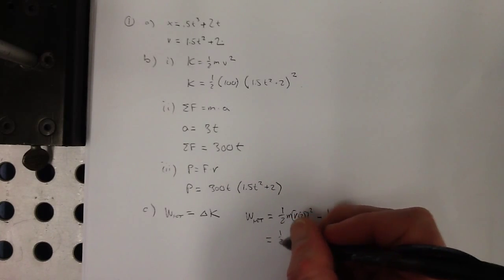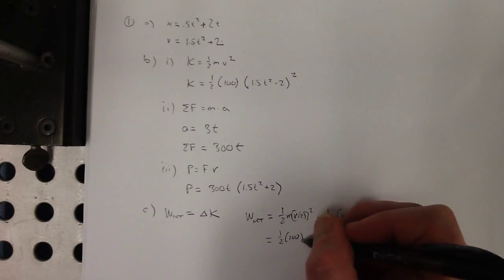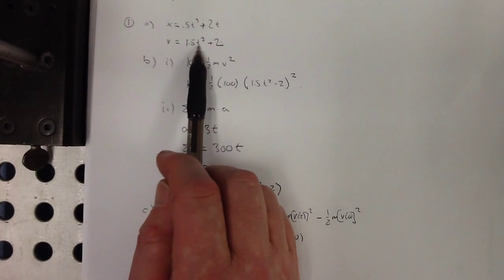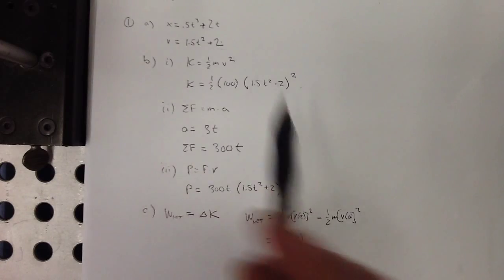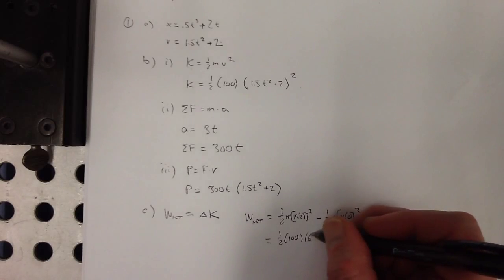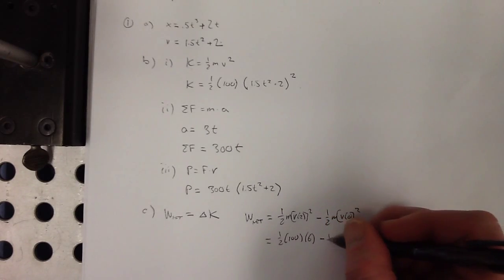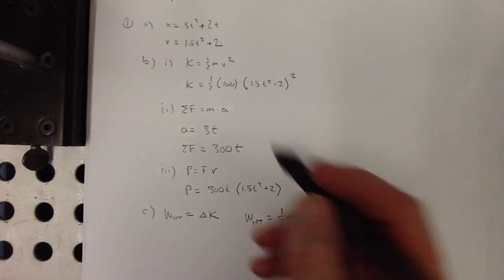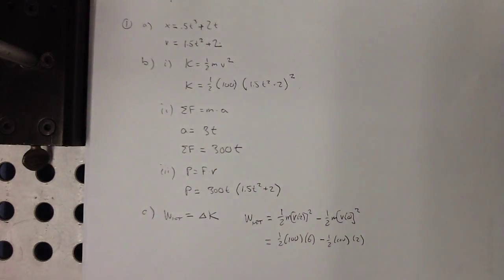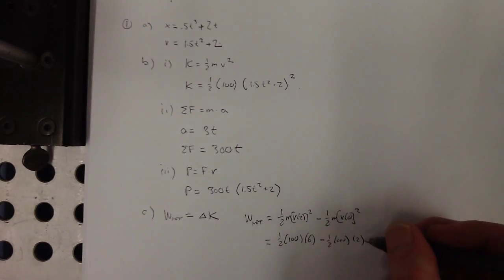The velocity at time 2 is our velocity function. At time 2, 2 squared is 4, and times 1.5 would be 6, plus 2. Minus 1/2 m, the velocity at time 0 would be 2, squared. We're good there, right? Just looking for mistakes. I don't think I made any there.